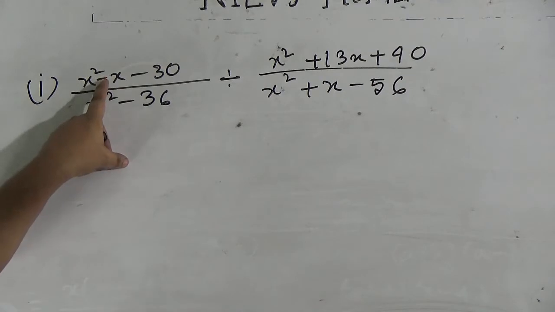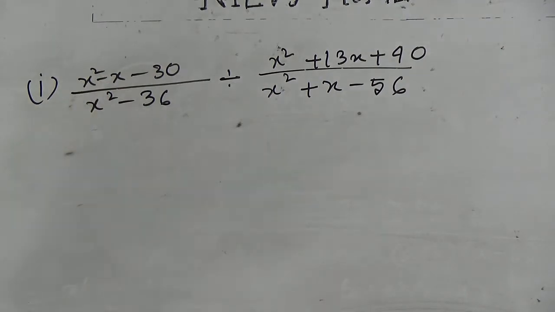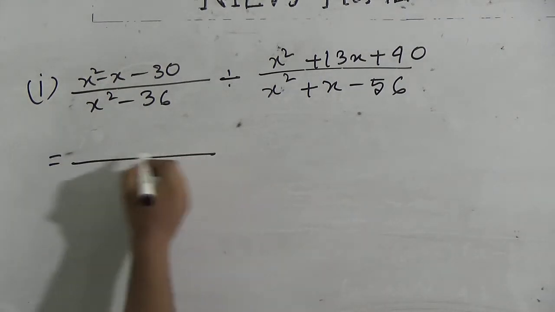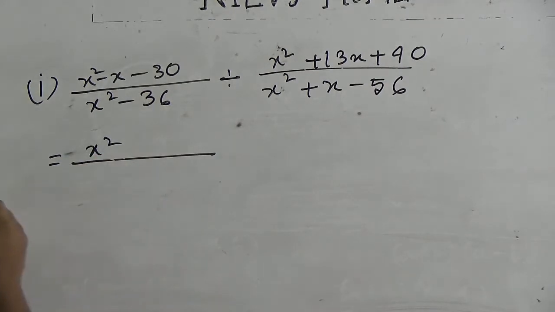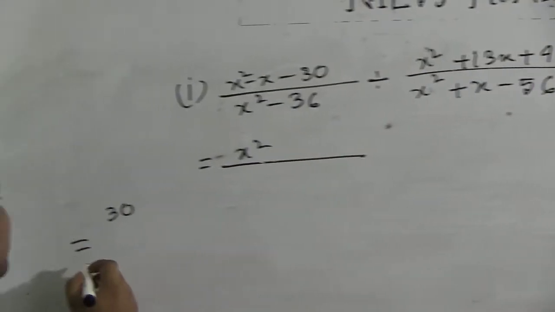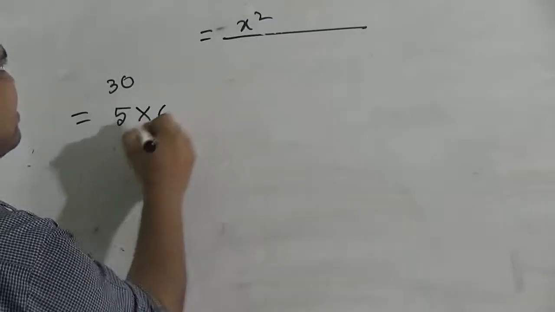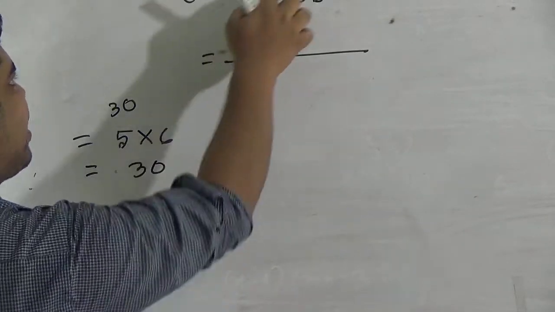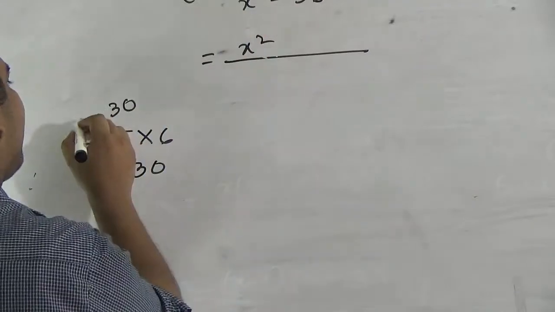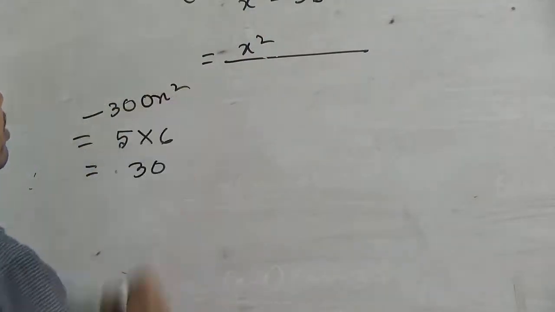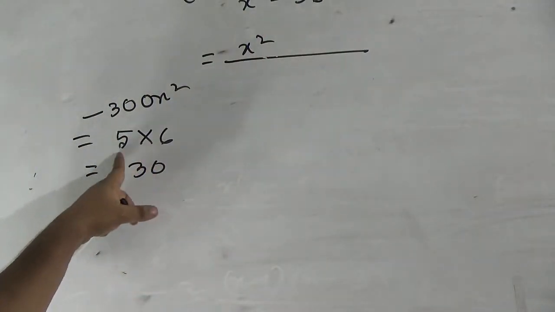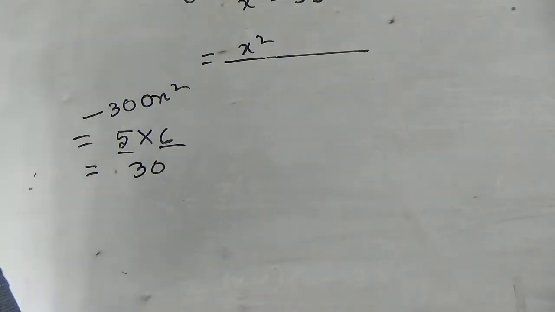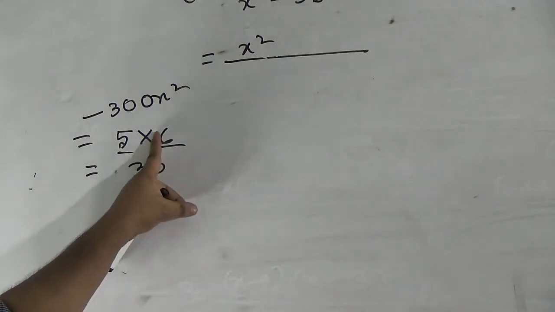Student, here we apply the middle term break method. So first of all, x square minus x minus 30. 30 means we can write 5 multiply 6. 5 6s are 30. But if we multiply these two numbers, we get minus 30x square. So of these two factors, one factor will be minus.